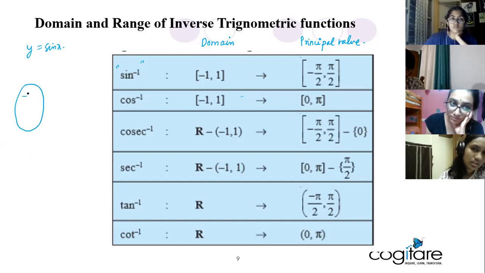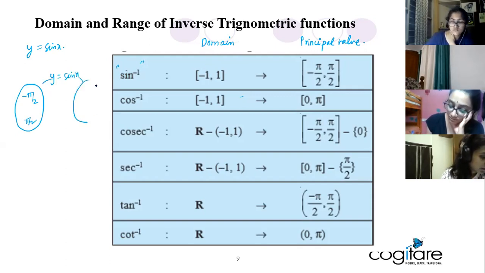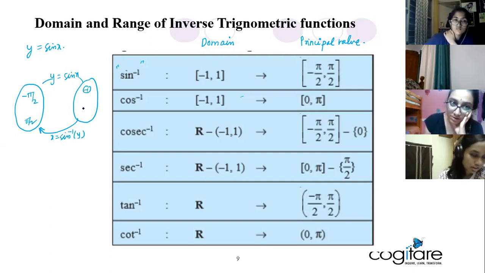So here we restricted it to minus pi by 2 to pi by 2 as far as y is equal to sine x went. Now if I say x is equal to sine inverse of y, then this variable will take the values minus 1 to 1, and this becomes the range.